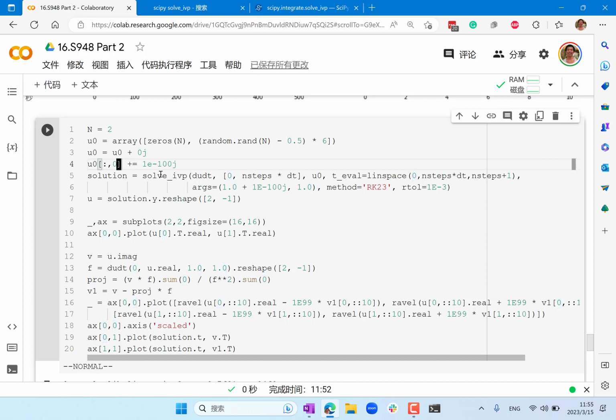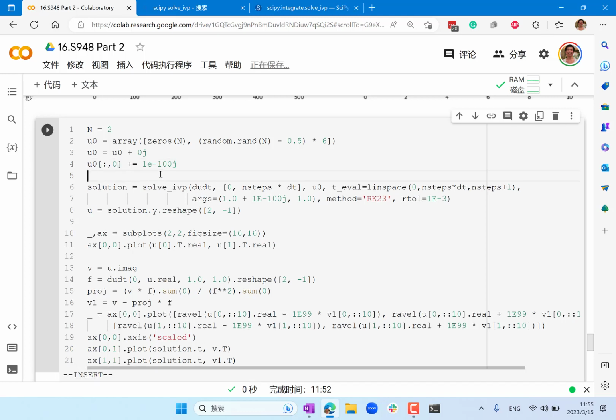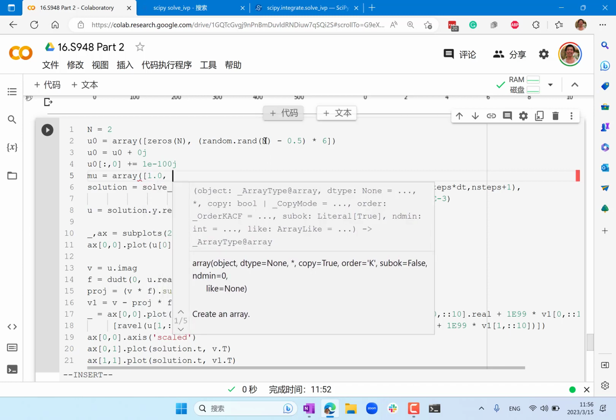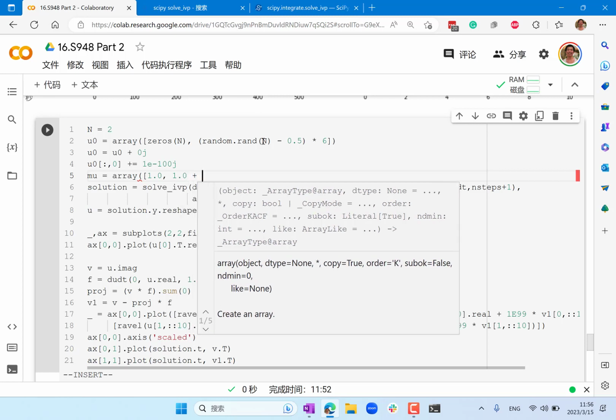So basically, I'm perturbing the initial condition for the first solution by a little bit. And then instead of perturbing the parameter, which is mu here, uniformly by 10 to the minus 100 j, we are going to be setting a parameter that is not perturbed for the first equation, but perturbed only for the second equation.